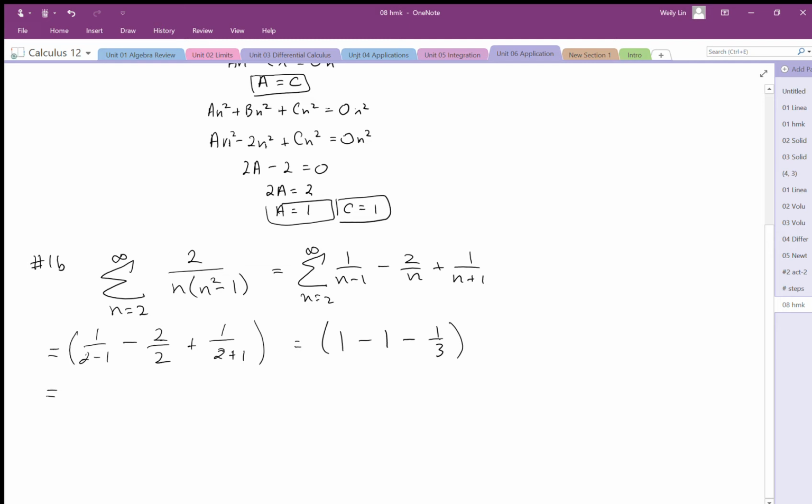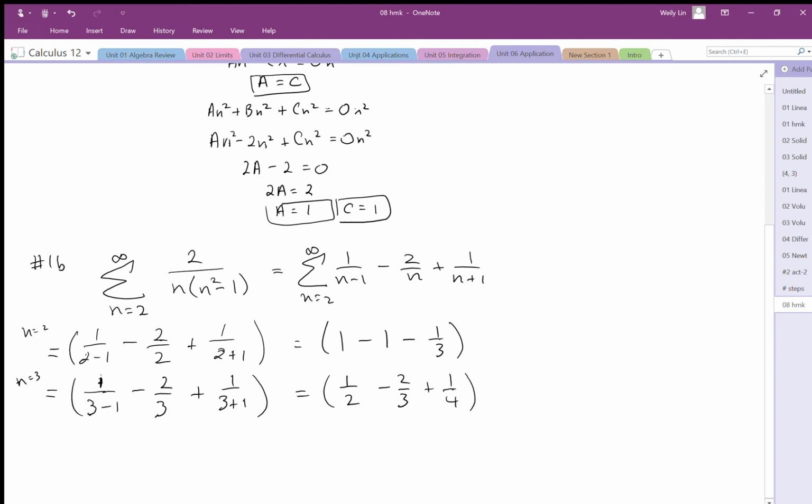Okay, so the second term is going to look like this. This is n equals 2, n equals 3, I get 1 over 3 minus 1, minus 2 over 3, plus 1 over 3 plus 1. Okay, so this is going to be 1 over 2 minus 2/3 plus 1 over 4.